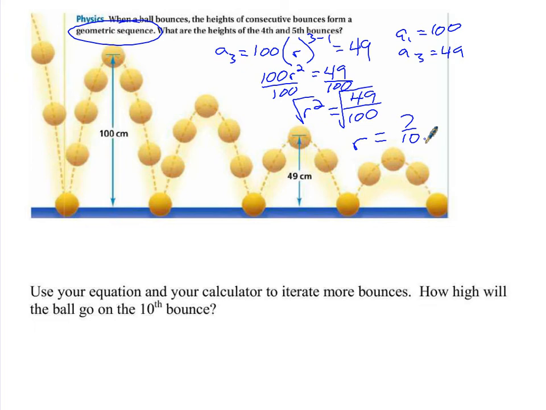So now what do we do? Write out the equation, which is what? a sub n equals 100 times 7/10 to the n minus 1. Okay, now let's answer the question. What are the heights of the fourth and fifth bounces?